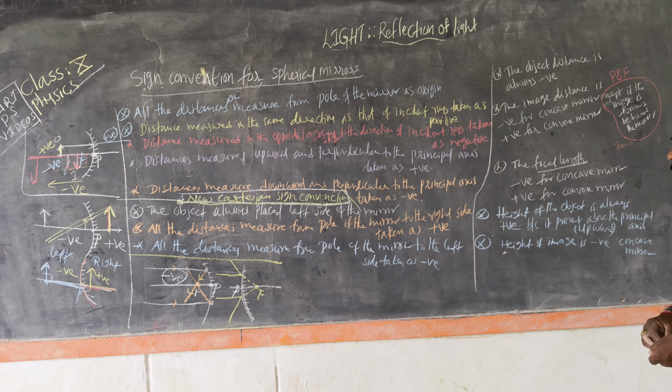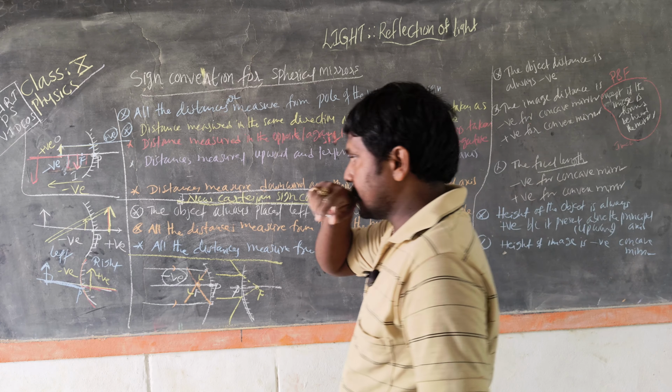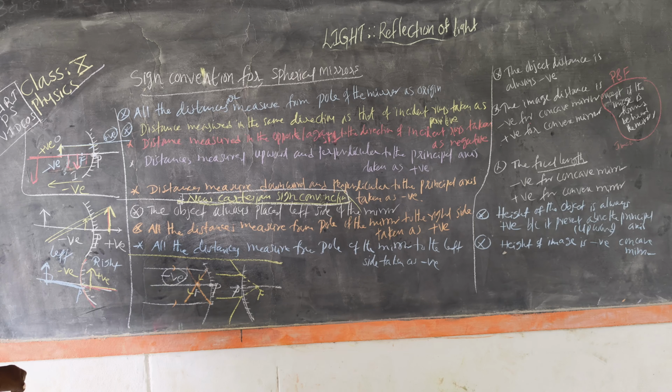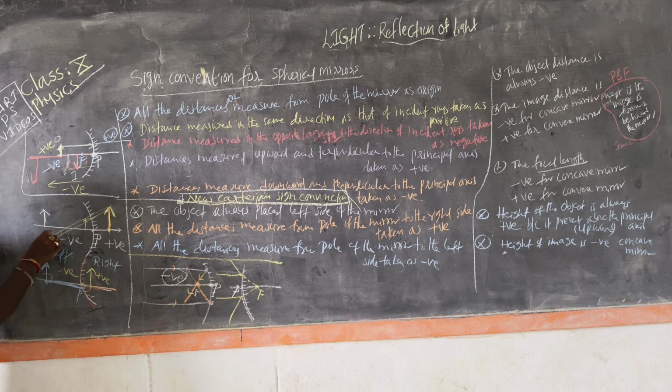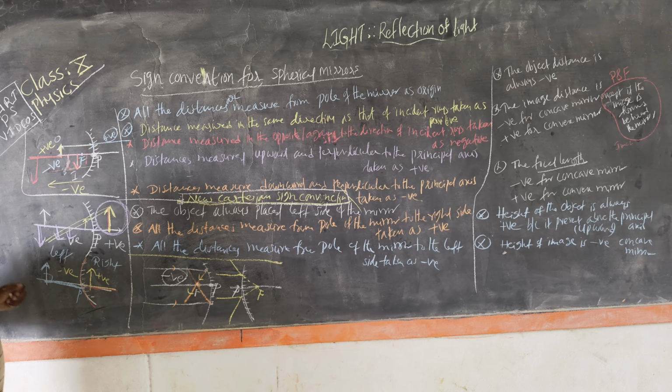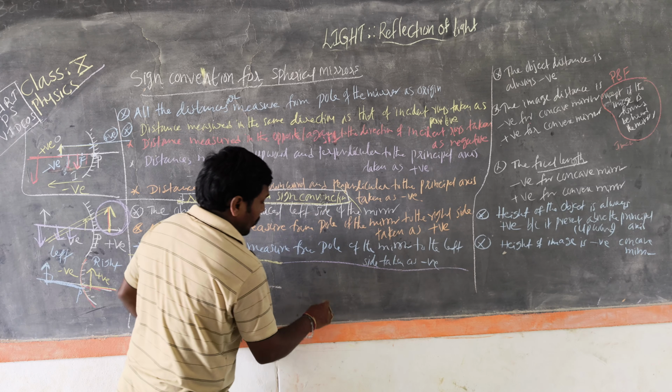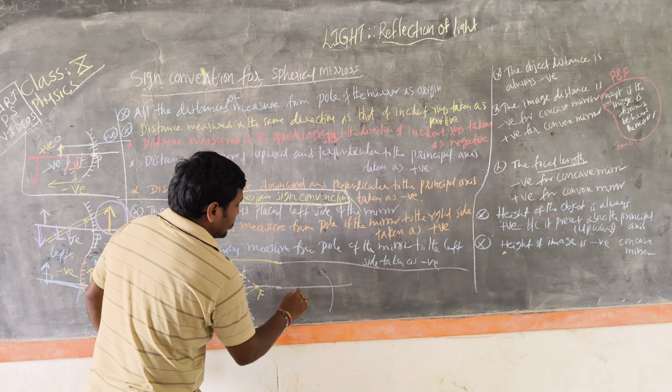The height of the image is negative for a concave mirror except one case, because in all those cases the images are formed below the principal axis. The concave mirror forms only real and inverted images in the remaining cases, and real and inverted images are below the principal axis.